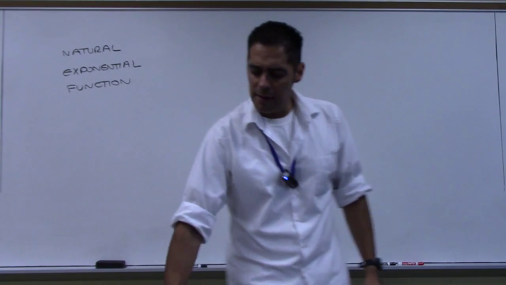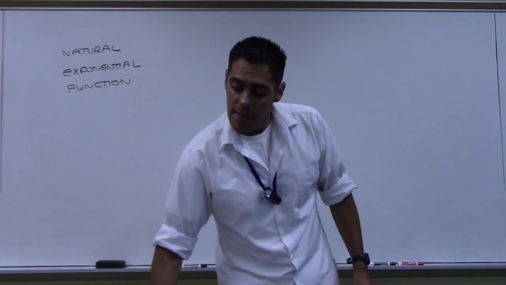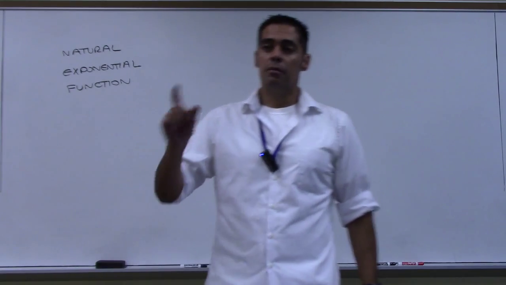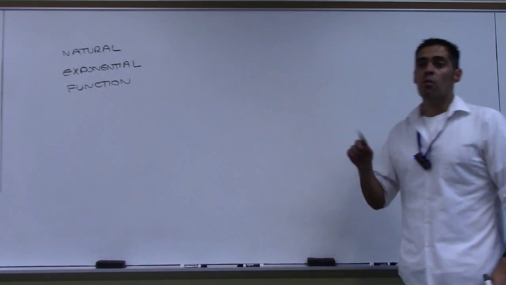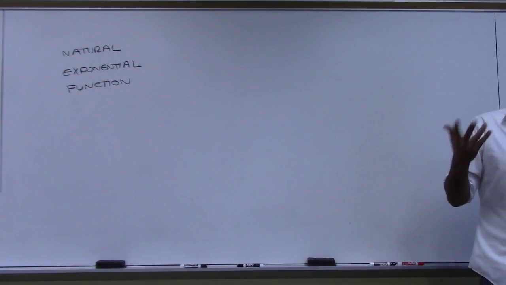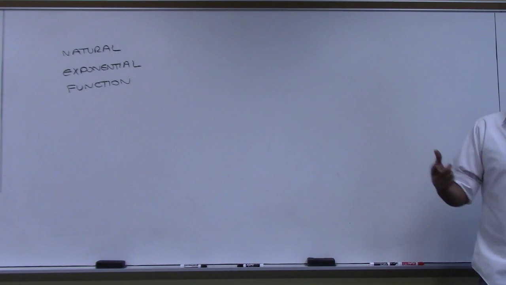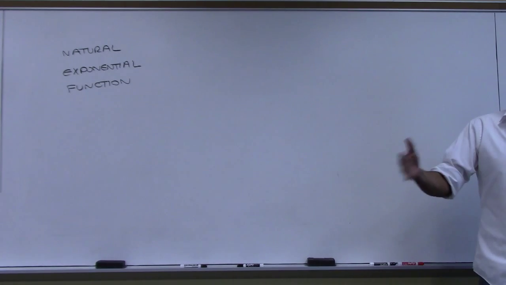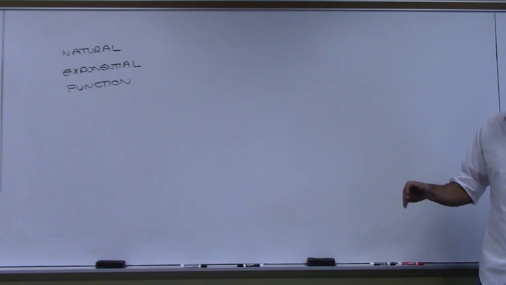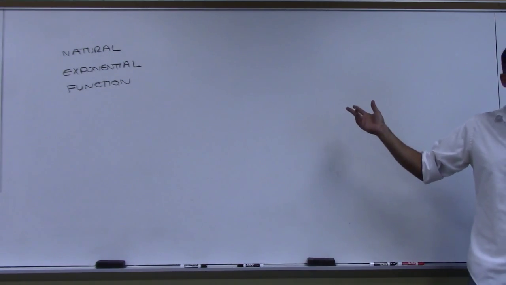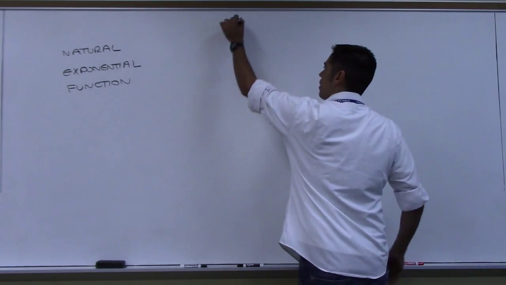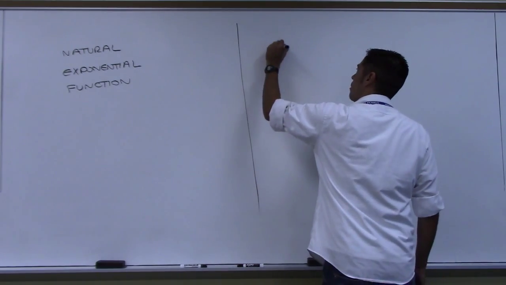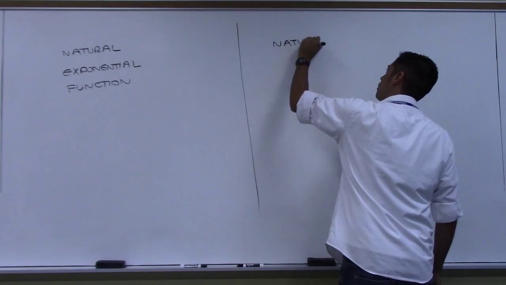That's where we're headed. 3.1 and 3.2 are a review from college algebra. It's just, hey, what's an exponential function? What's a logarithmic function? If you need to go back and review those. I'm here to talk about the calculus of these now. All right? So we have the natural exponential function, and then we have what we called the natural log.